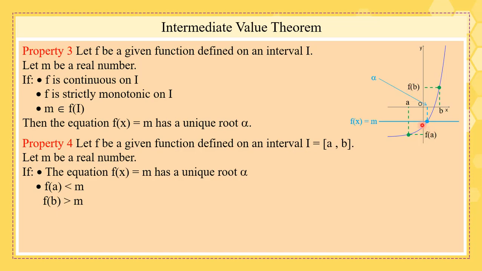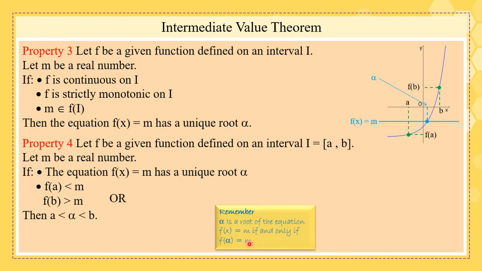You can see that f of a is smaller than m, and f of b is greater than m. If one of them is smaller than m and one of them is greater than m, then we can say that alpha is between a and b. You see here, this is alpha and it is between a and b. Remember, alpha is a root of the equation f of x equals m if and only if f of alpha is m.